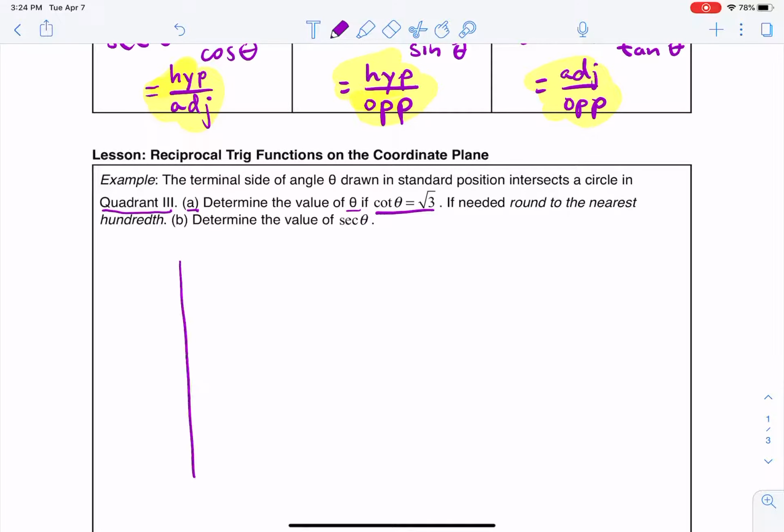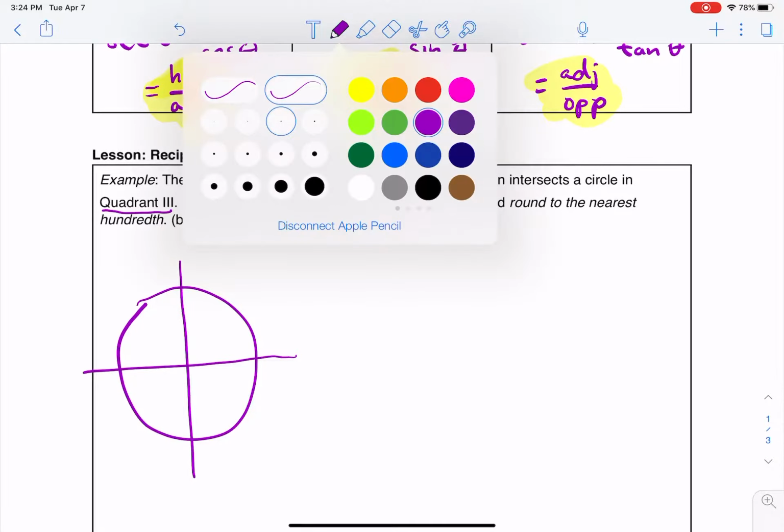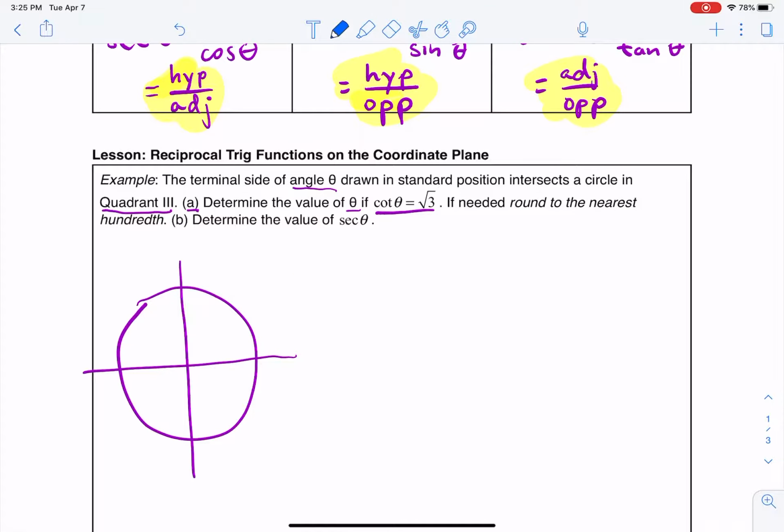So let's draw our circle centered at the origin. So there's our circle. All right, we know that angle theta in standard position intersects our circle in quadrant 3. So the terminal side intersects in quadrant 3. So I'm going to just show that here.